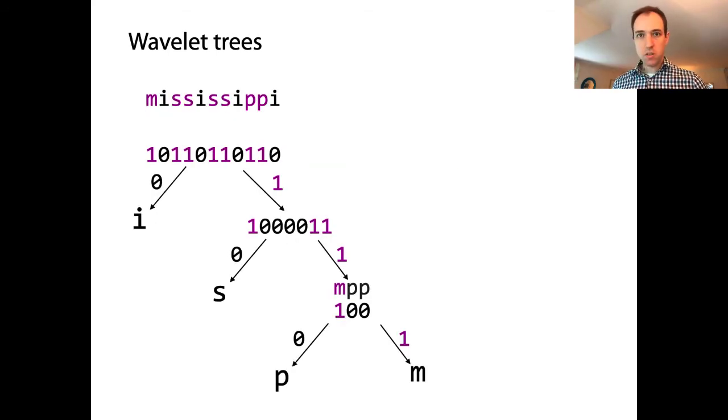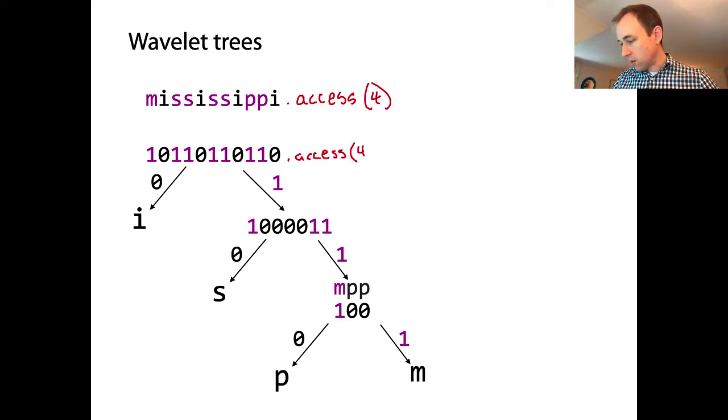So let's just do the same example here, where we ask for .access 4, but we need to answer this question using the wavelet tree. So we said the first step was to do .access 4 on the bit vector at the root. That's going to give us, okay, 0, 1, 2, 3, 4. So that's 0.